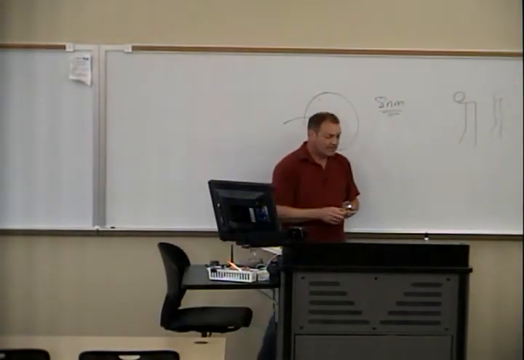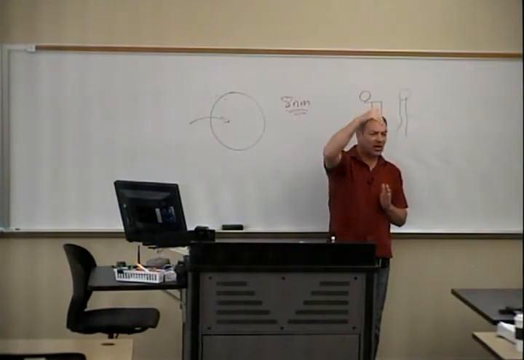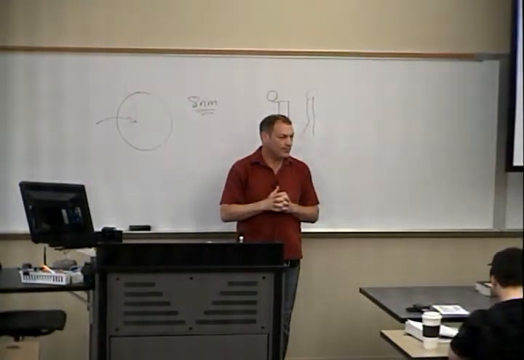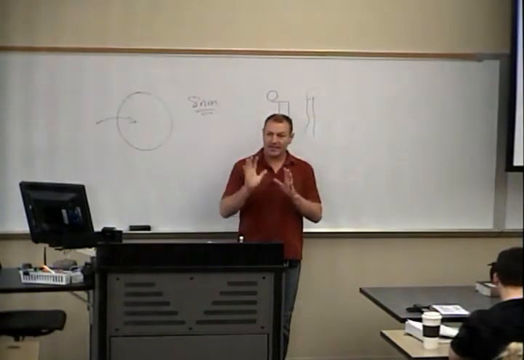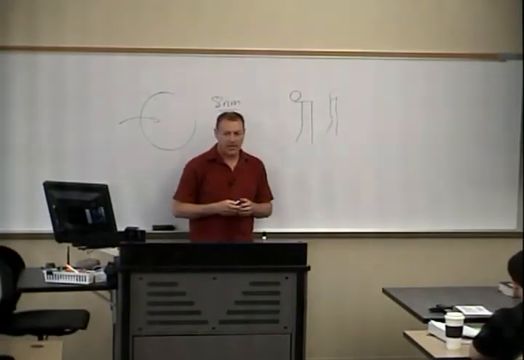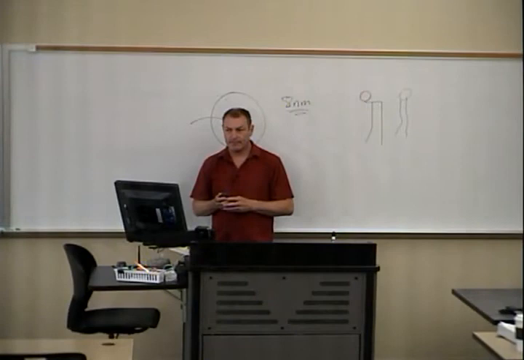An integral protein is any protein which penetrates into the hydrophobic part of the phospholipid bilayer. So if any part of the protein is in the hydrophobic part of the phospholipid bilayer, it would be called an integral protein or an integral membrane protein.